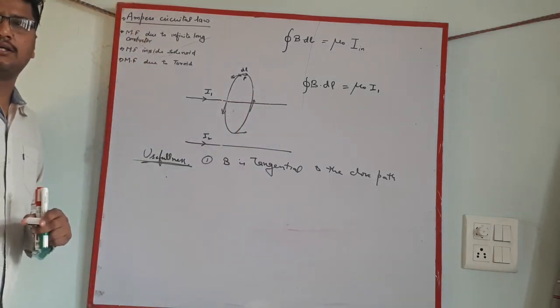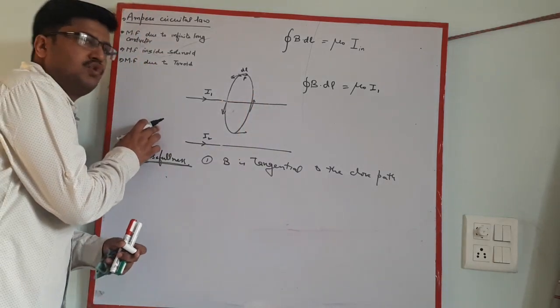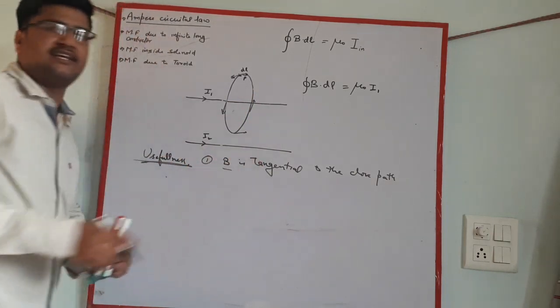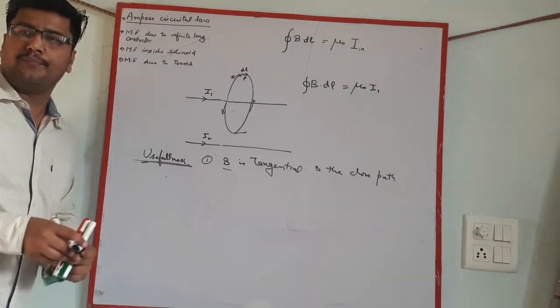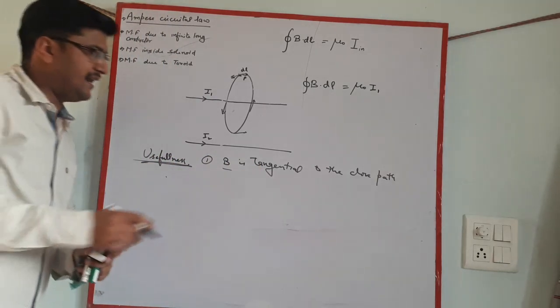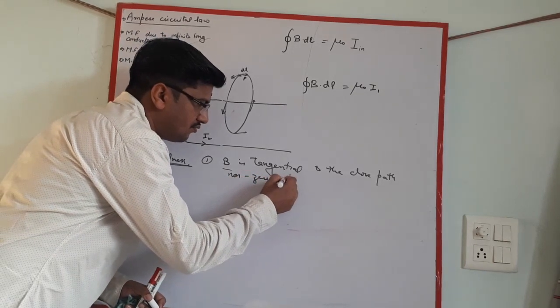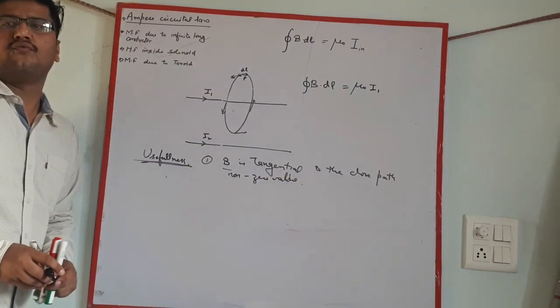So Ampere's law is mostly useful in cases: number one, if B is tangential to the loop or the closed path and has a non-zero value.